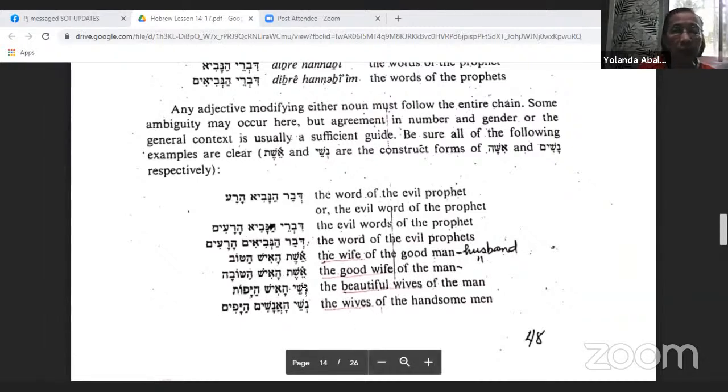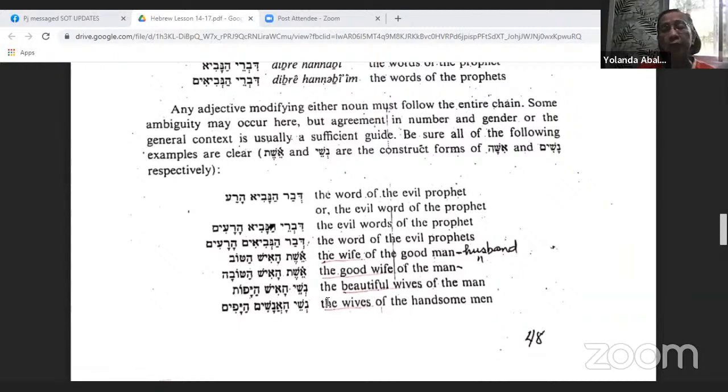We have Neshei HaIsh HaYafot. Neshei. Paano niyo yan? The wives. Kung ang ishah ay singular, ang plural niyan is Nashim. HaIsh, the man or the husband, HaYafot, beautiful. They are the beautiful wives of the man.